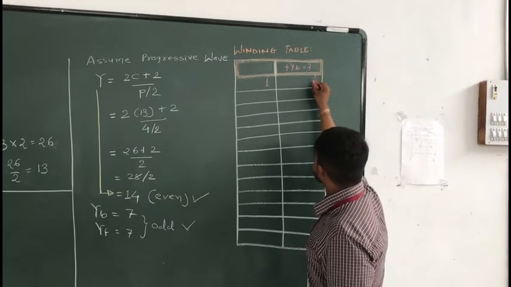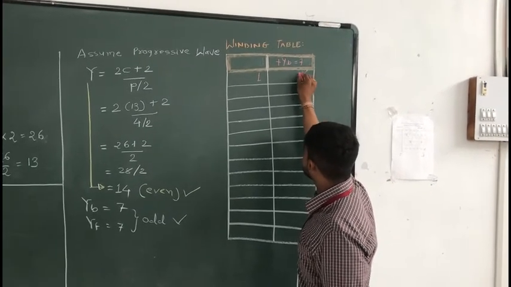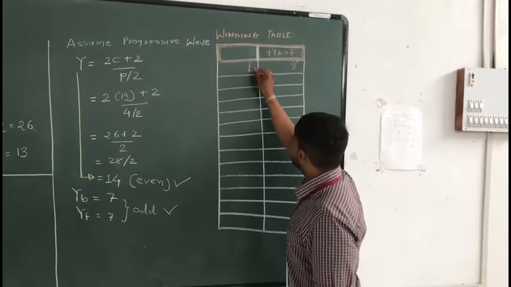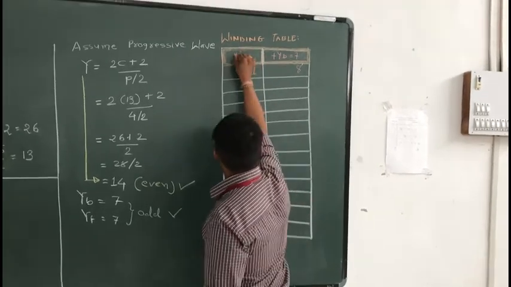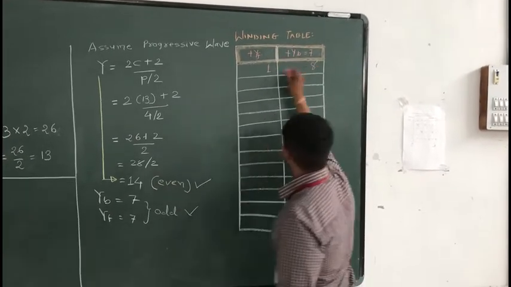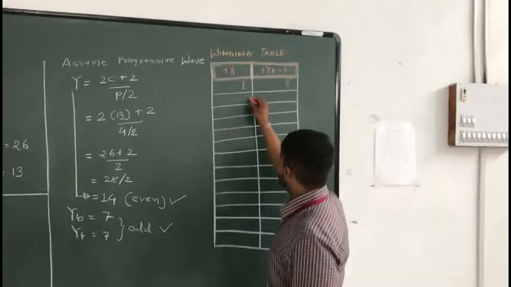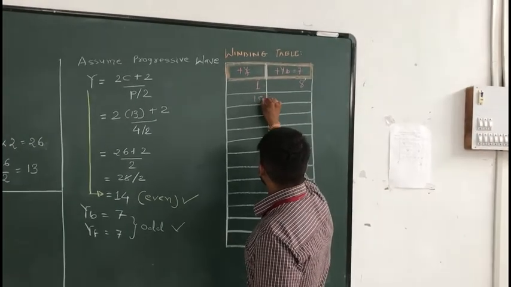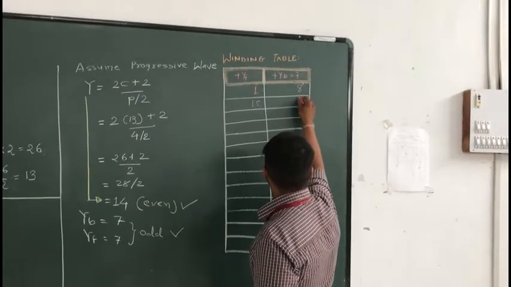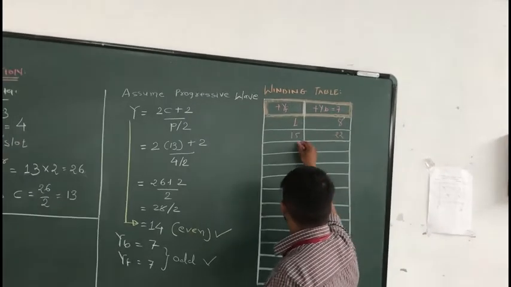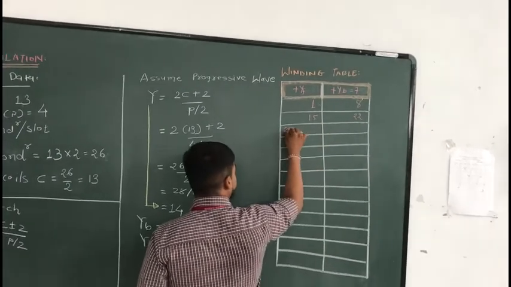So 1 plus 7 is equal to 8. Now from this column to the next we again add Y. So 8 plus 7 is equal to 15, 15 plus 7 is equal to 22, 22 plus 7 is equal to 29.